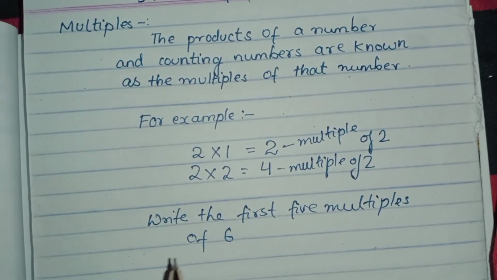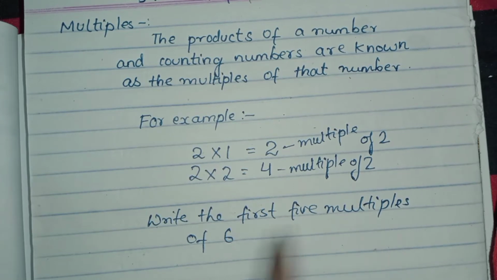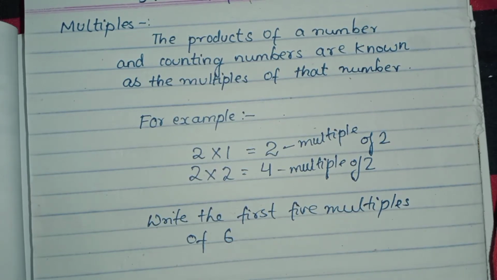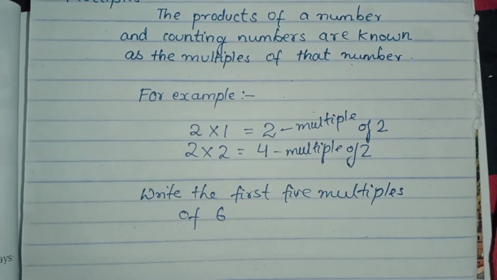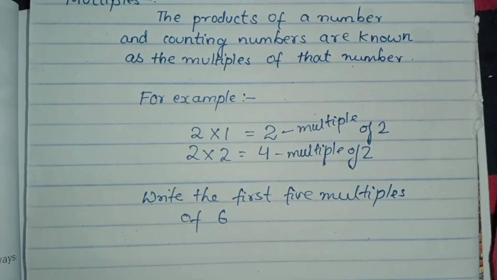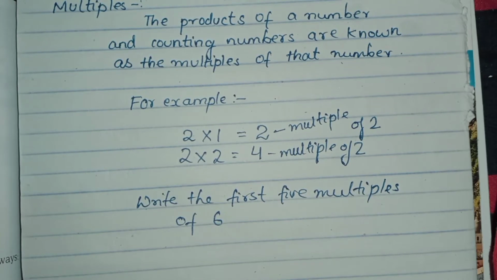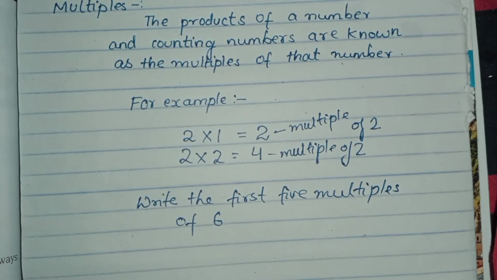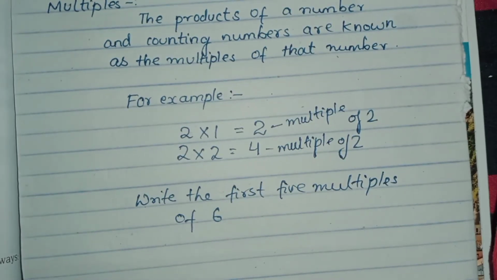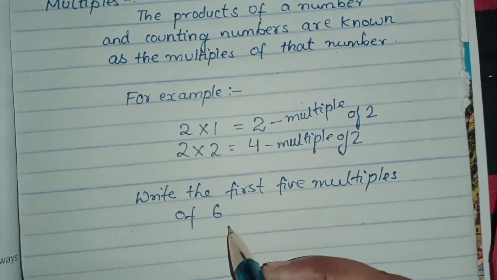Now here I have mentioned the first 5 multiples of 6. You know the 6 table now, so we will write the first 5. You can write directly the answer, but to make you understand, I am showing you.